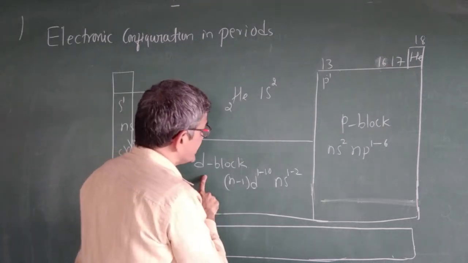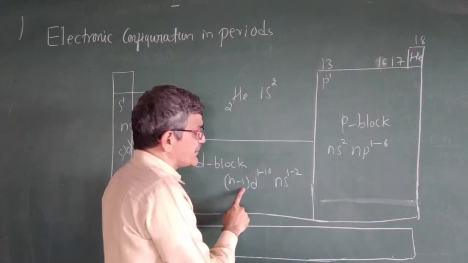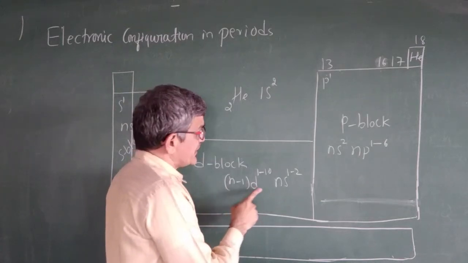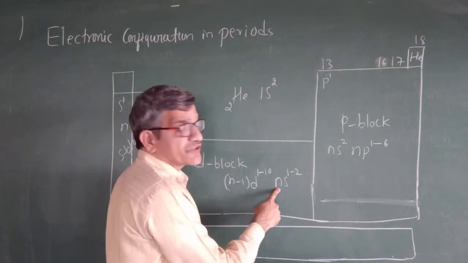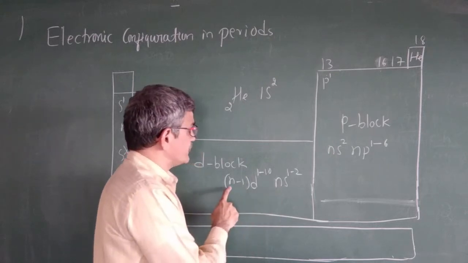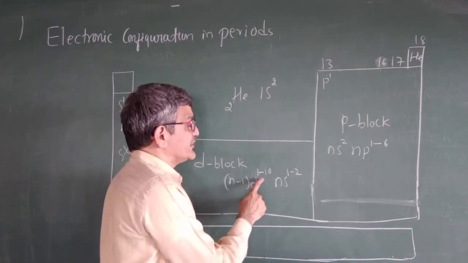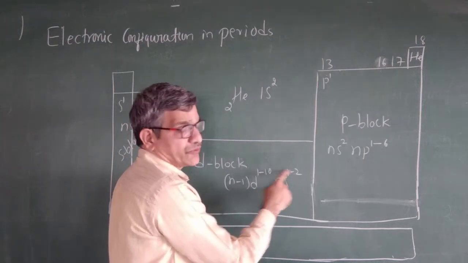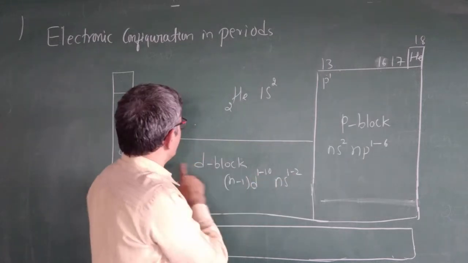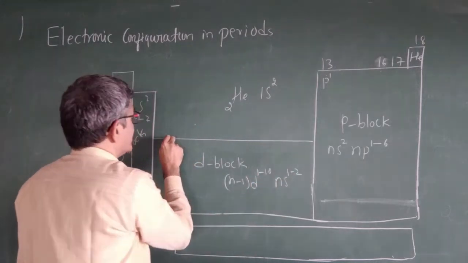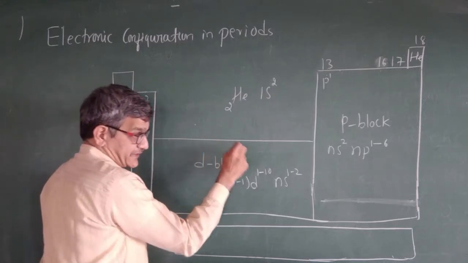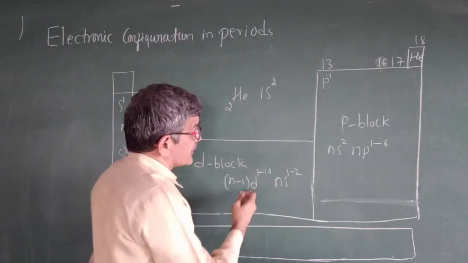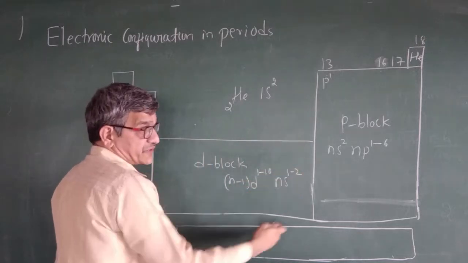So D block general electronic configuration (n-1)d. n equal to 4, 4 ದಿಂದ ಸ್ಟಾರ್ಟ್ ಆಗುತ್ತೆ. 4 minus 1 is 3, so 3d 1 to 10 4s 1 to 2. ಈ 1 to 10 ಅಂದ್ರೆ ಏನು? First group, third group, fourth group, fifth group, like that it changes, because in d there are 10 groups.